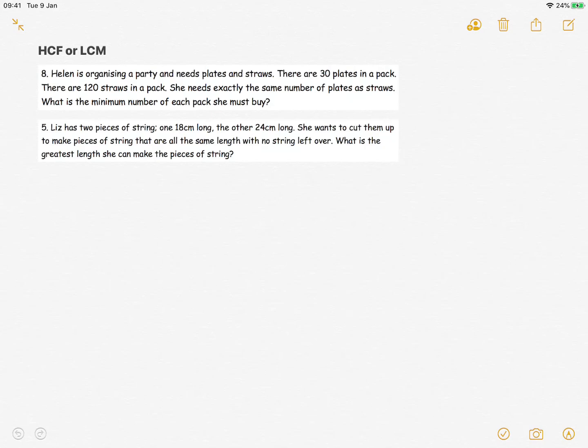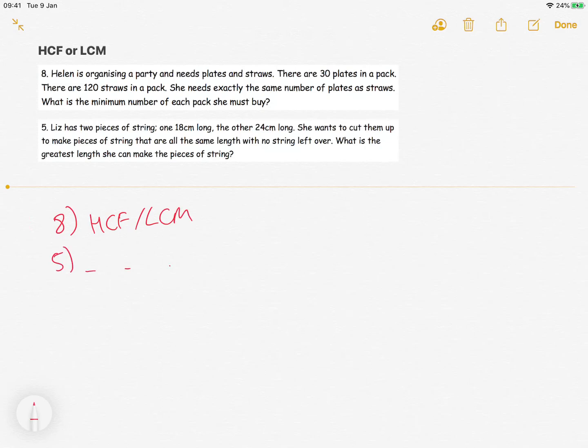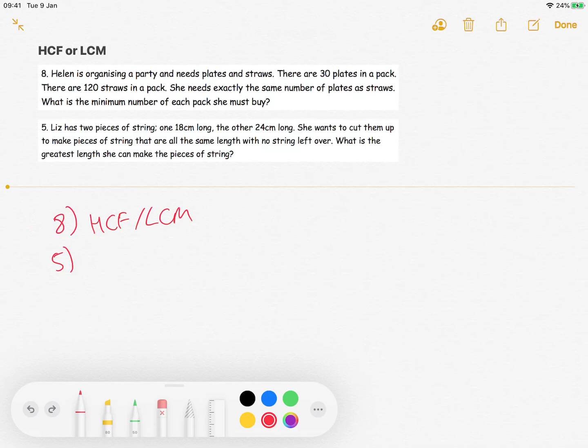So there's one of each. Read them. All you have to do is put 8 and then either highest common factor or lowest common multiple, and then 5, and then the same thing. And then I'll go through them as well. So if you want to have a go at them, have a go at them as well.